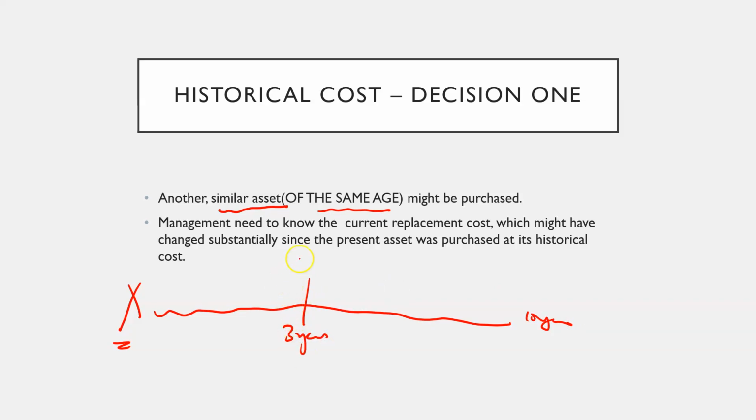And you want to buy a similar asset, maybe a different model, but close enough, of the same age. So really the question here is that management might need to know what the current replacement cost is. And of course, models have changed, and so the question here is, what do we do?